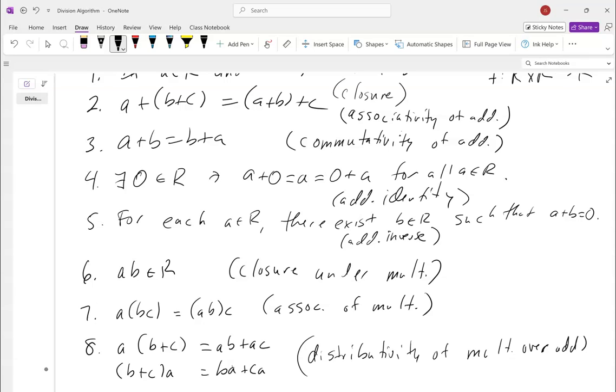When you have a structure with one operation and it satisfies the associative axiom for that operation, we refer to that kind of structure as a semigroup. It satisfies one of the group axioms, so we call it a semigroup, which would imply that there were only 2, but that's just the word it has. Semi usually is half, right?